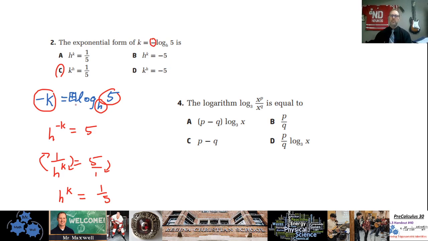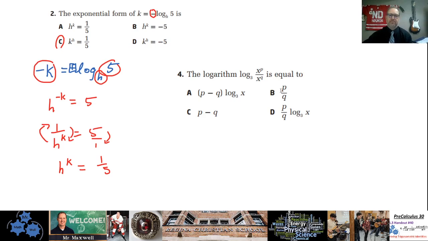All right. For number 4 here, now we're moving away from graphing. Obviously, now we're getting into the algebra. This one here, if you see this on your test, there's 2 different ways you could look at this. You could say, hey, we're dividing inside a logarithm, so because of the properties, I could subtract the logs of the top and the bottom. So you could go log of x to the p base 3 minus log of x to the q base 3.